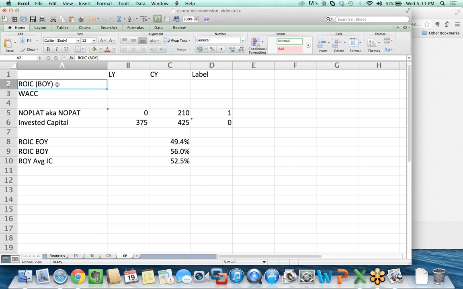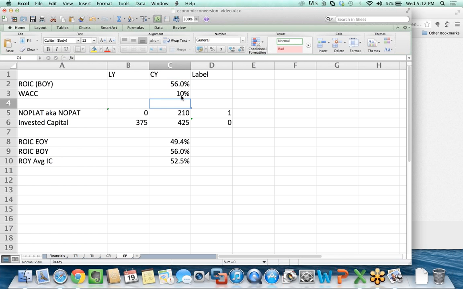So I'm going to set up our ROICs so that we will get the same identical answer when we do the two valuations. I'll take the current year NOPLAT divided by the previous year ending invested capital, and that is my return on invested capital based on beginning of year data.